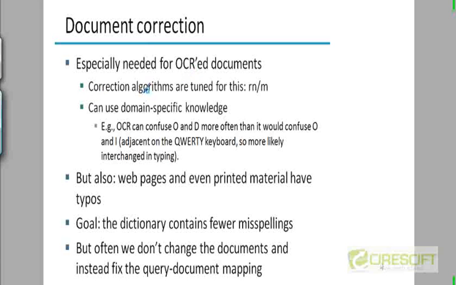And in this case, it's possible for errors to creep in the process of transforming that scanned document into text. So your spelling correction algorithms, if they are going to be used to correct the documents, need to keep in mind which errors are more likely in this process of transformation of scanned documents to text.